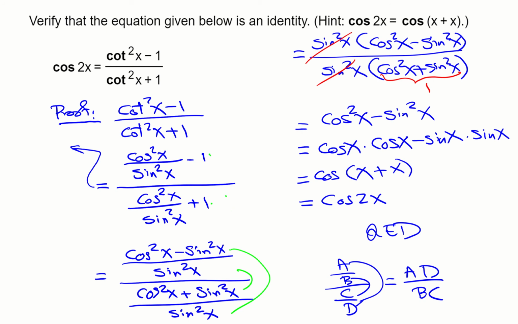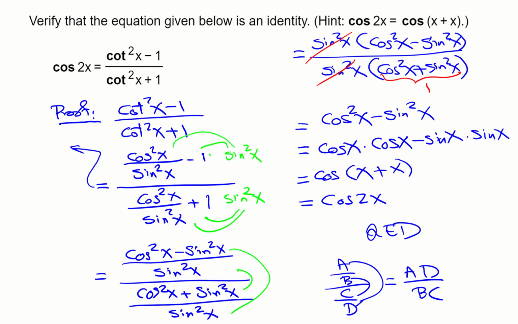So instead of finding a common denominator to combine those fractions, we could have found that common denominator of sine squared x and cleared fractions in this manner. So we multiply sine squared x on the top and on the bottom in this manner. Notice distribution is needed.